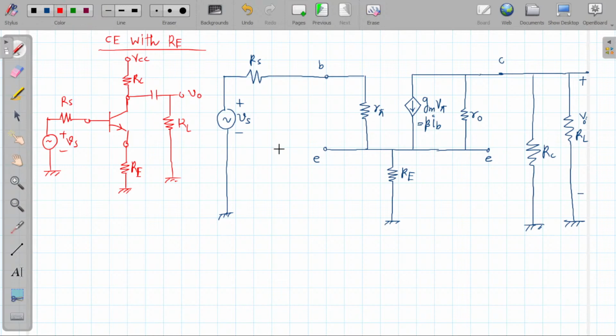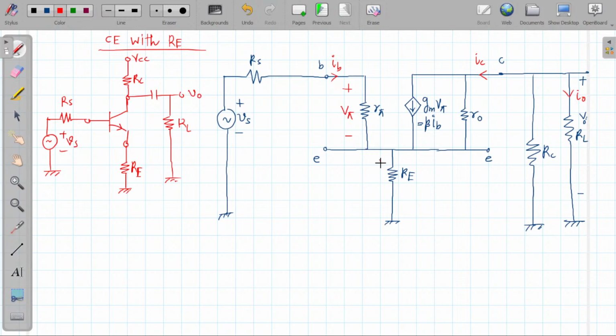If I ask you what is the input voltage across the R pi, anybody can say, sir, it will be V pi. What is the input current? Sir, IB is the input current. What is the output current here? Sir, IC is the output current. What is the load current here? Sir, I0 is the load current.